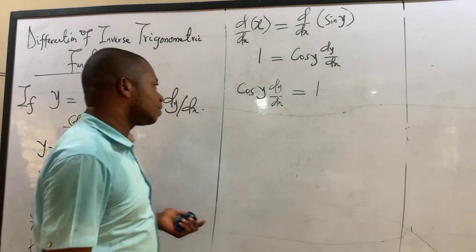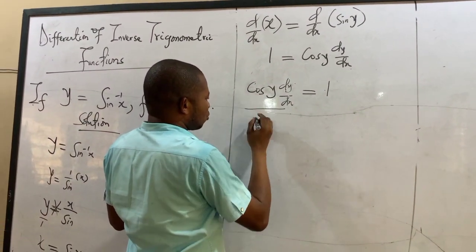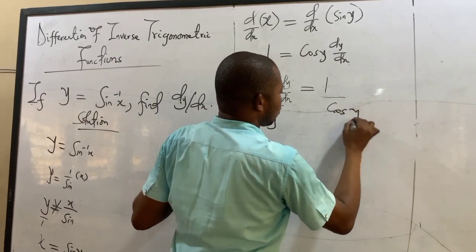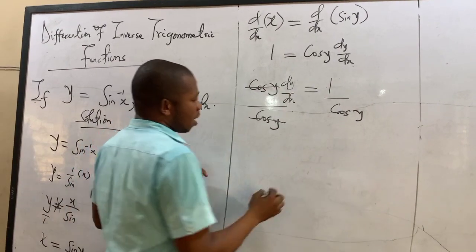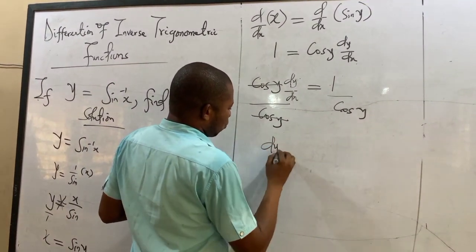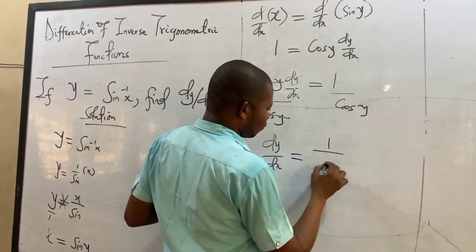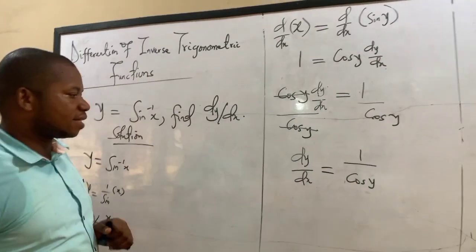It's still the same thing. Because I'm looking for dy/dx, I will divide both sides of the equation by cos y. Cos y cancels out cos y, and I'm left with dy/dx is equal to 1 over cos y. It's as simple as that.